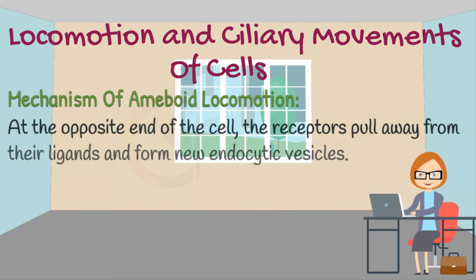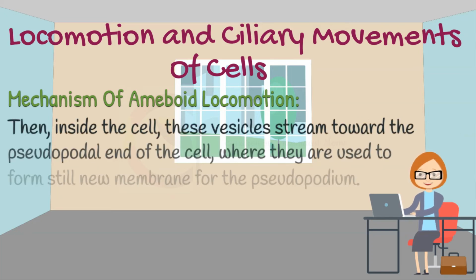At the opposite end of the cell, the receptors pull away from their ligands and form new endocytic vesicles. Then, inside the cell, these vesicles stream toward the pseudopodial end of the cell, where they are used to form still new membrane for the pseudopodium.